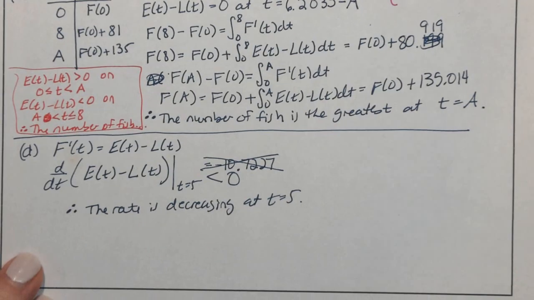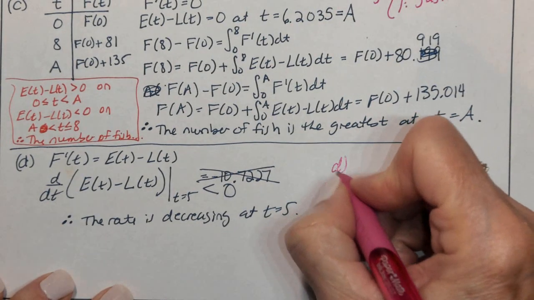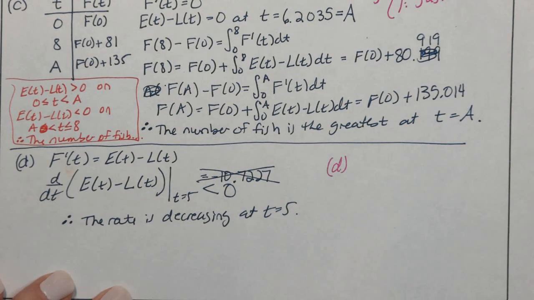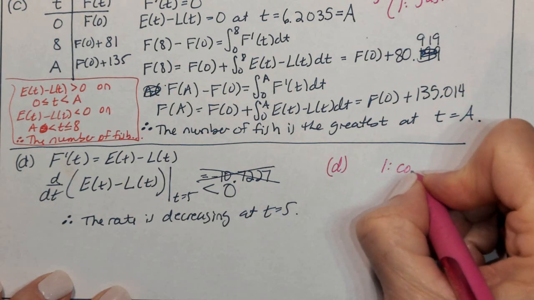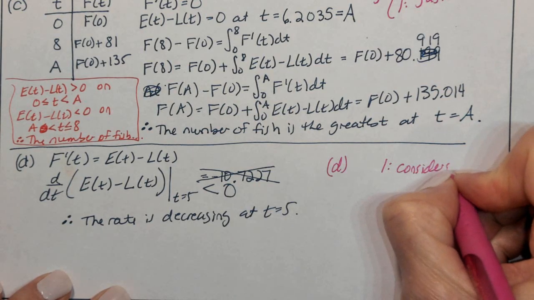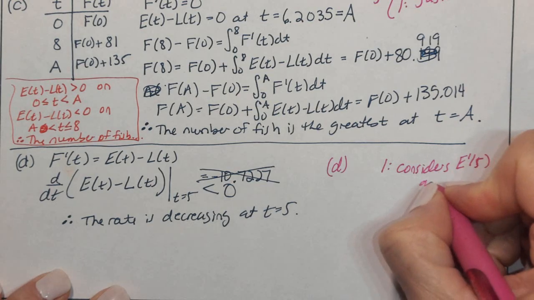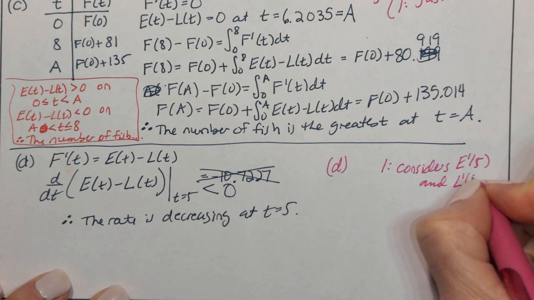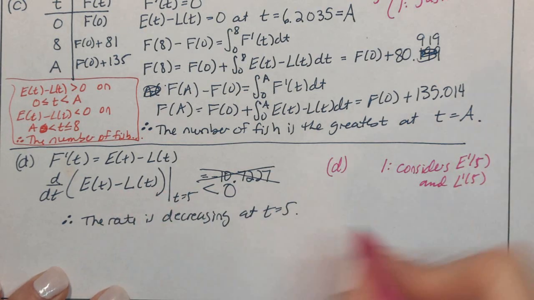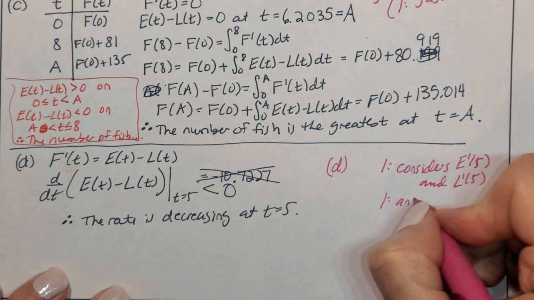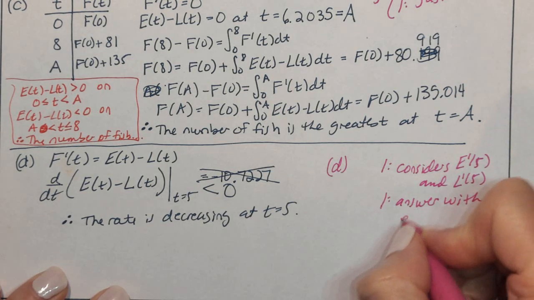Alrighty. And then in part D, the way they scored part D, clearly it's worth 2 points because every FRQ adds to 9. 1 point for considers E prime of 5 and L prime of 5, which we did, and then 1 point for the answer with explanation.